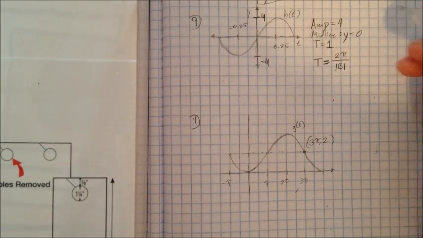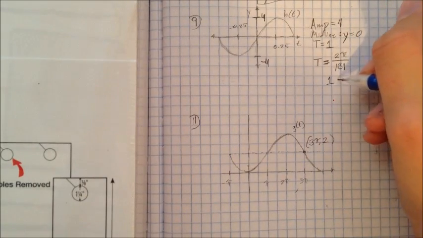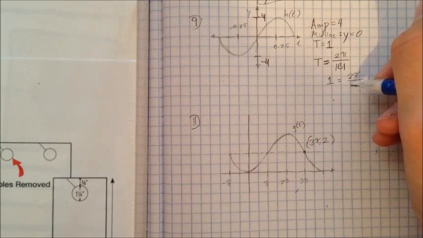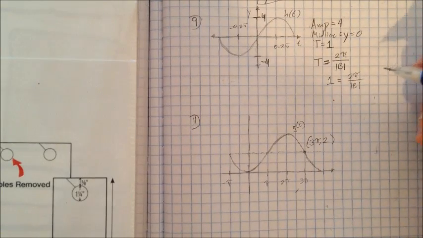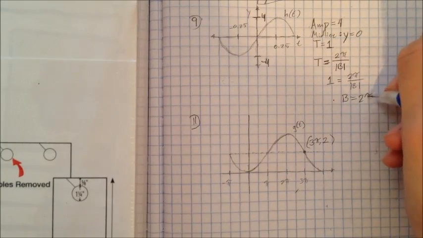And now we can just plug in numbers. We know that t equals 1, t equals 2 pi divided by the absolute value of b. So 1 is an easy number to work with, and we find that b equals 2 pi.